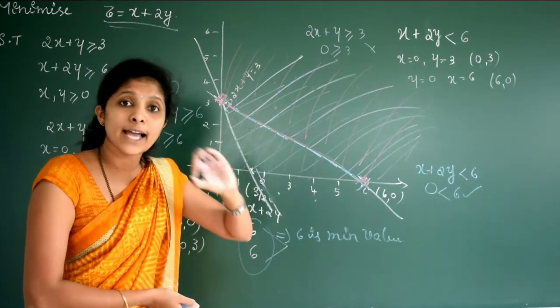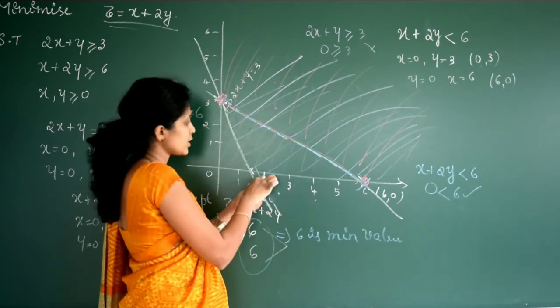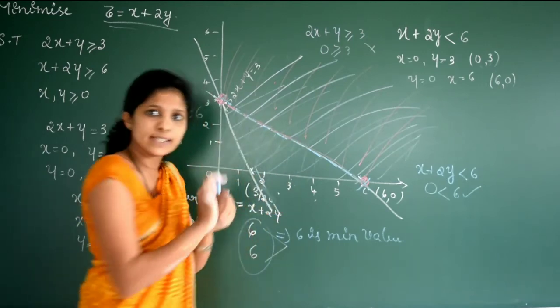So the minimum value occurs at all the points of this line. Consider any point. If I consider 2 and 2, it will be 6, and 3 and some value here, it will be 6. Is it clear?